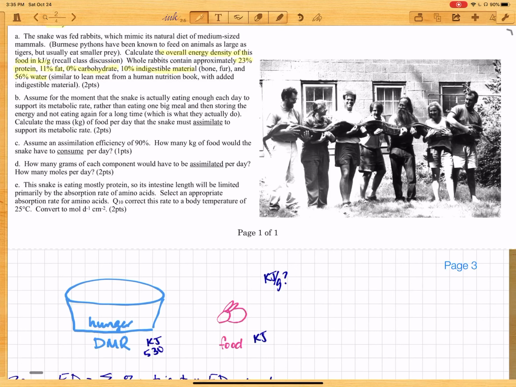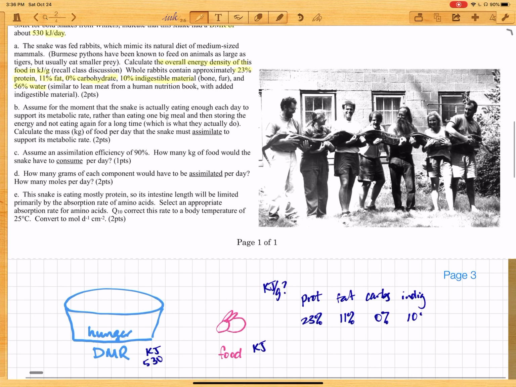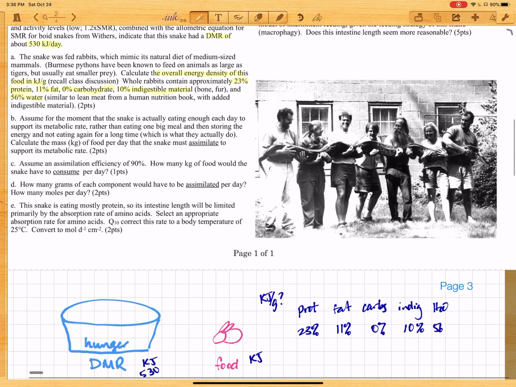And so you can figure out what the value of the rabbit is in kilojoules because you know the percent composition. So it's proteins, which is 23%, fats, which is 11%, carbs, which is 0%, indigestible, 10%, and water, 56%.